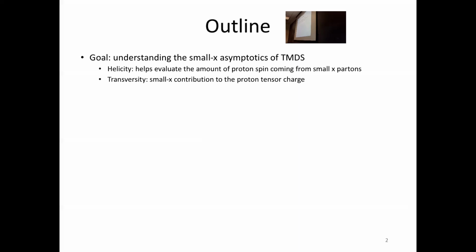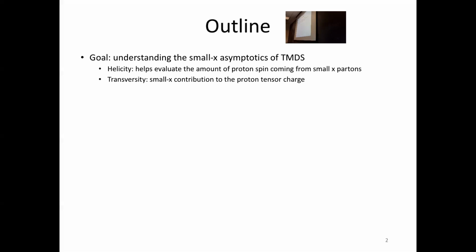So really the goal is what we all would like to have, right? A good understanding of small x asymptotics of all the TMDs. In particular, in my talk, I will concentrate on helicity. And if I have the time, and it is sort of orthogonal to the main thrust of this week, transversity. Orthogonal in more ways than one.